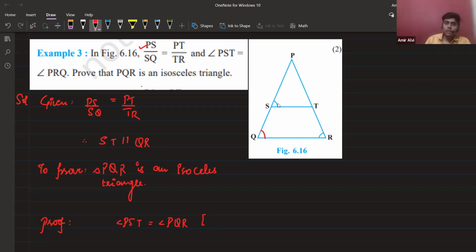Adil, when the lines are parallel and the angles are made on the same side, suppose this is a parallel line and this is a transversal, so the angles are on the same side. These angles are called corresponding angles. Adil, in the next class, go and learn the lines and angles concepts of 9th class.